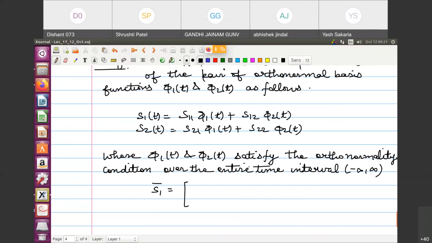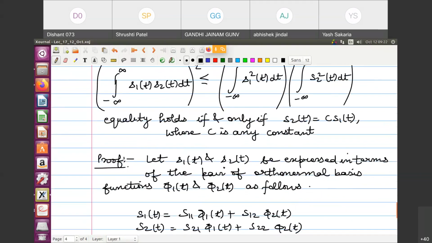So you can see that in reality such functions exist, at least in theory. And S2 bar is nothing but this. This is the corresponding vector representation, which we know because we have studied vector representation above.